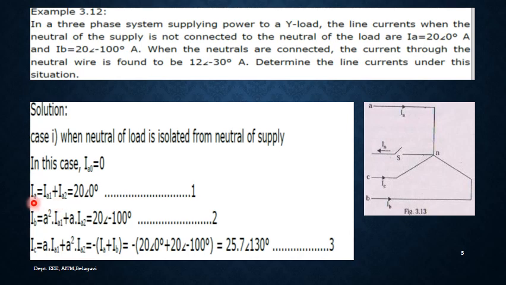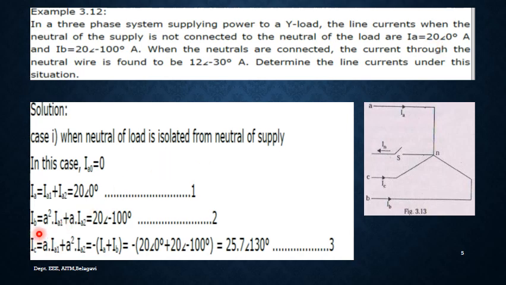According to that, Ia will be equal to Ia1 plus Ia2, as the zero sequence component is 0 and we are not going to consider any zero sequence component value. This is already given, so the line current Ia is equal to 20 at an angle 0 degree.